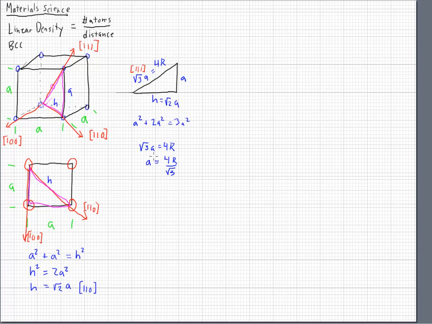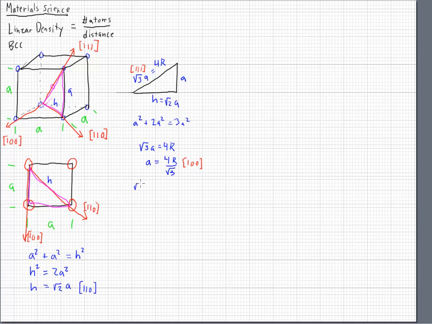Of course, we already know that a is the distance we need for the 1, 0, 0 direction right here. So we have that. And if we look at the 1, 1, 0 direction here, it's the square root of 2 times a.